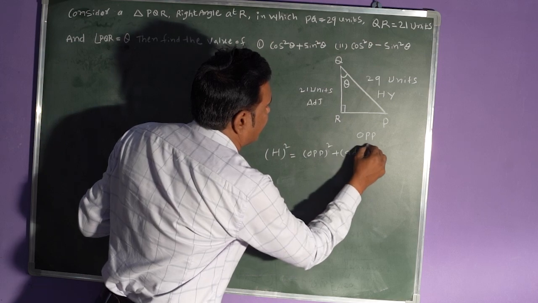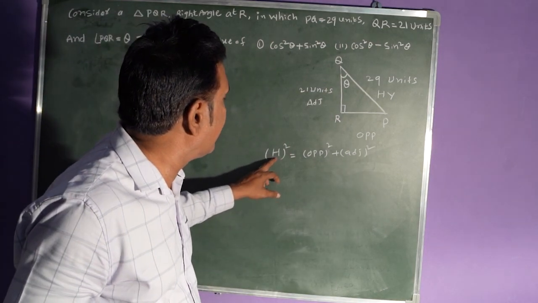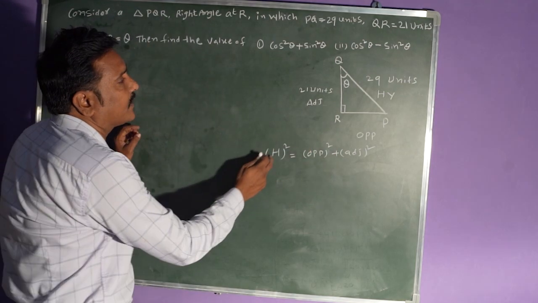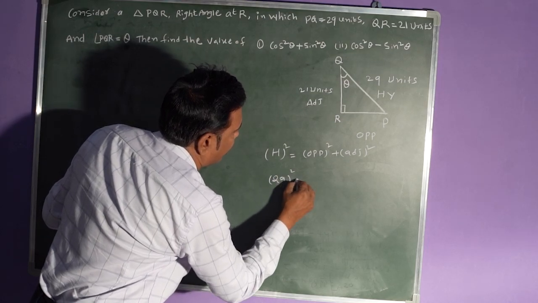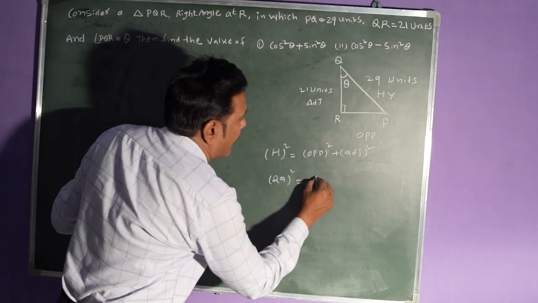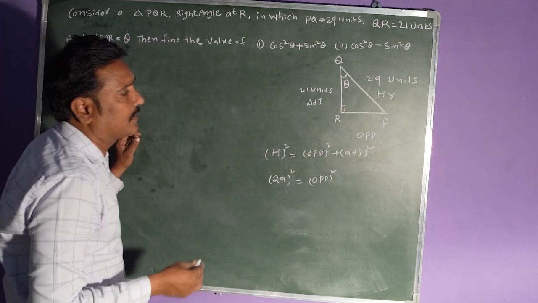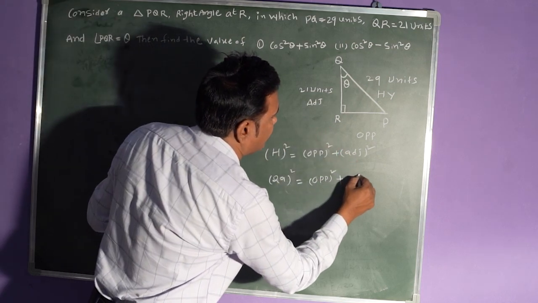It's an important theorem. Hypotenuse is given, that is 29 whole square. And next, opposite is not given, find out the value of opposite. Opposite whole square plus adjacent, which is 21 units.